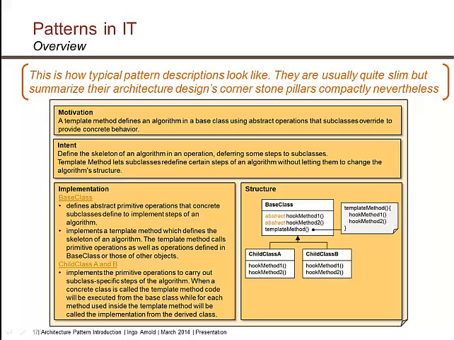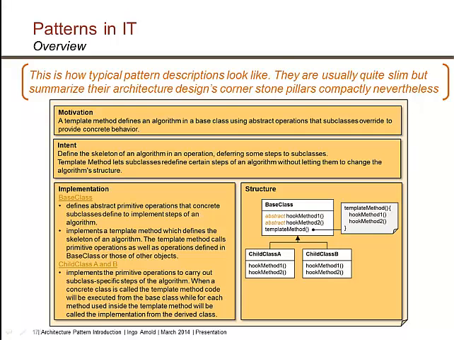So when we turn this to object-oriented programming, then a class is created that provides the basic steps of an algorithm design. Here this class is called base class. And then furthermore, stubs for those basic steps are created based on abstract methods.